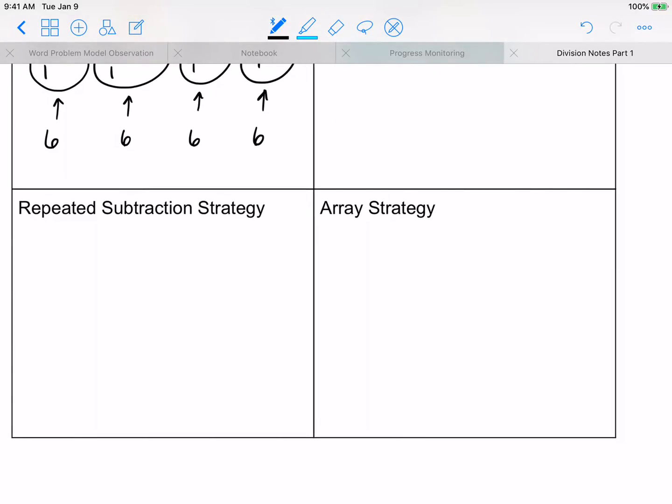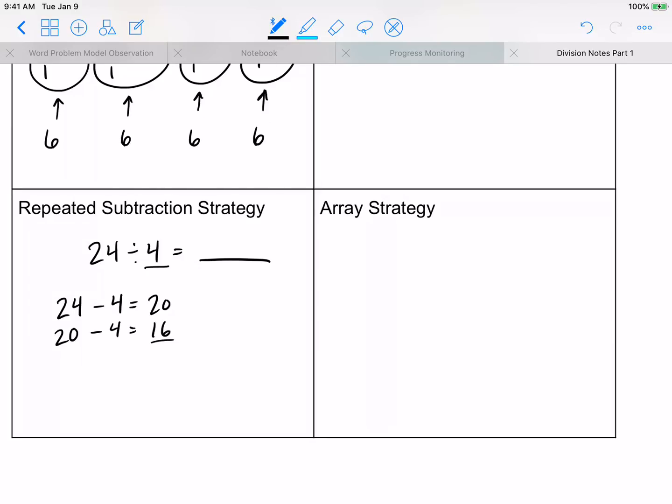For repeated subtraction, we're going to minus groups of 4 until we get to 0. So we're going to do 24 minus 4 equals 20, and then we're going to do 20 minus 4 equals 16.